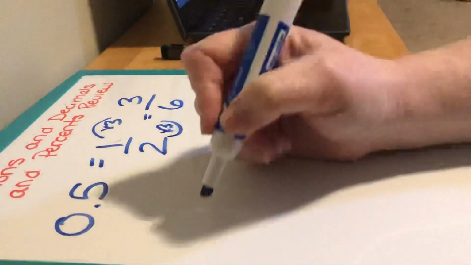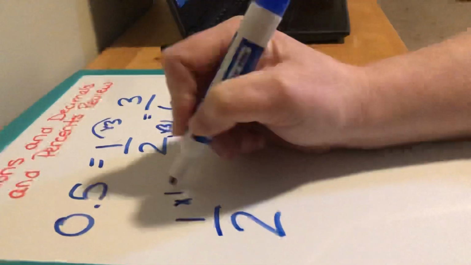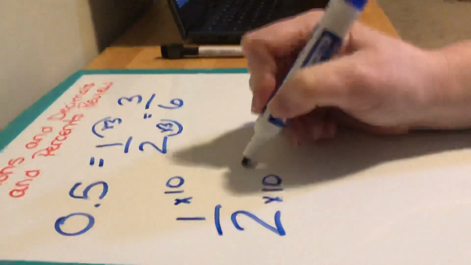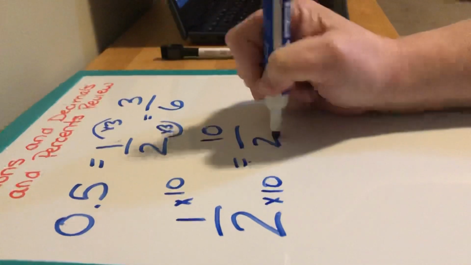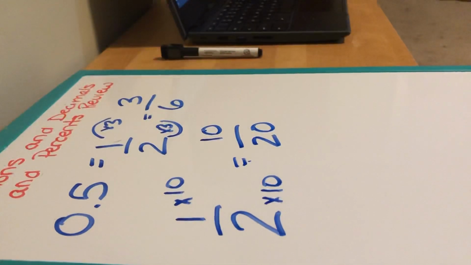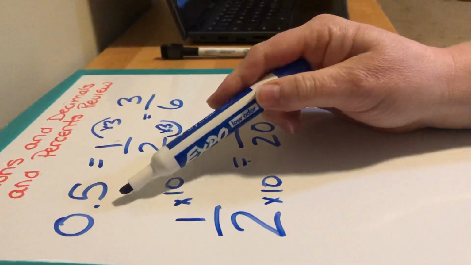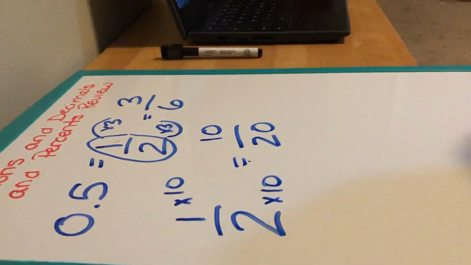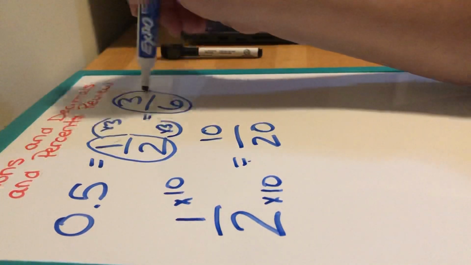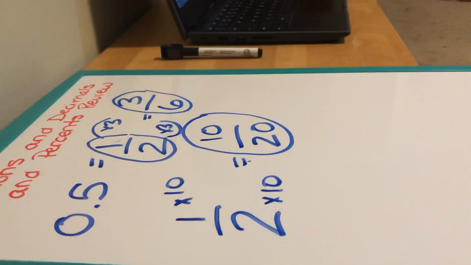If I go back to my half, and I times the top by 10 and the bottom by 10, I can get myself a new equivalent fraction. And so I need to do this 3 times so that I have my original decimal, and now I have 1 equal fraction, 2 equal fractions, and 3 equal fractions.